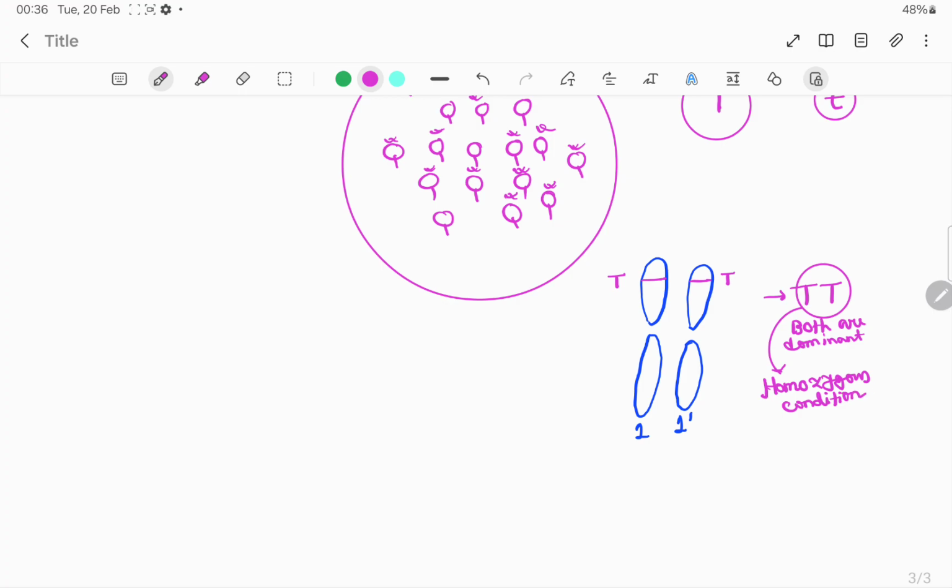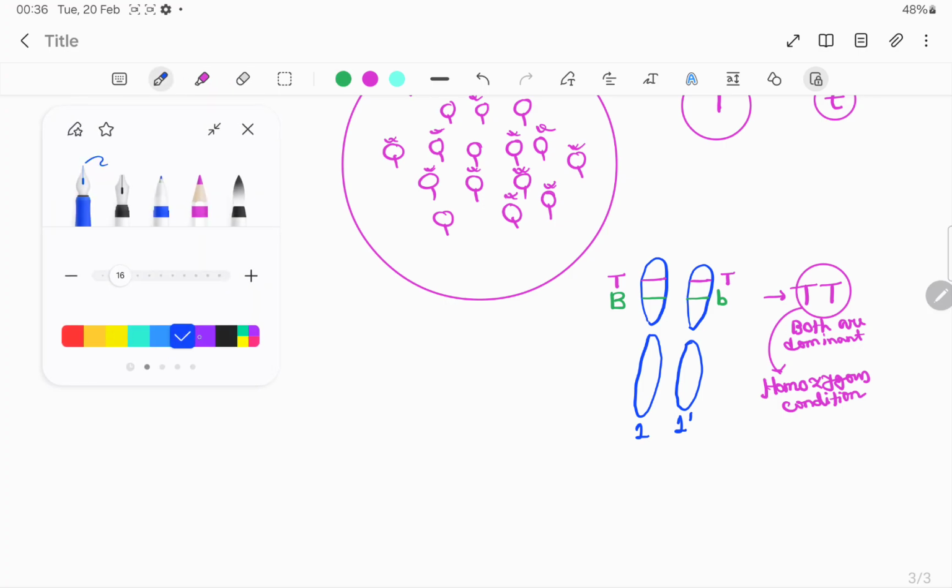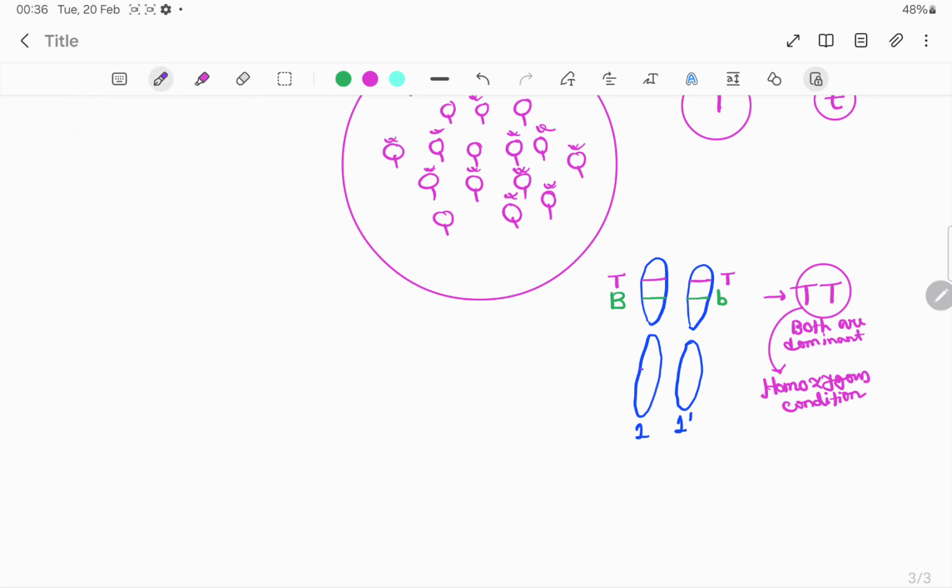Now suppose, as I have told, that in a chromosome multiple different types of genes can be there. Suppose there is another gene, this is capital B allele, and there is small b allele. Suppose there is one more gene, small d allele, there is also small d allele.